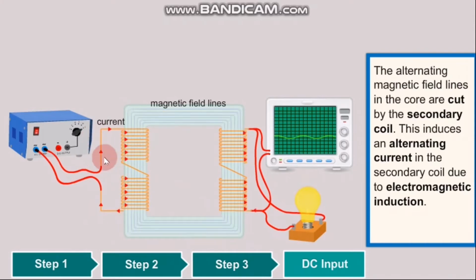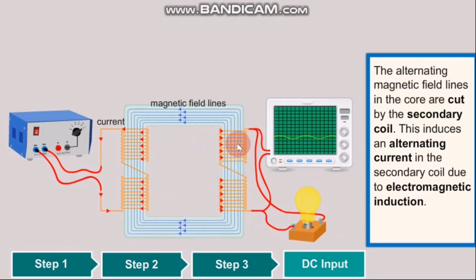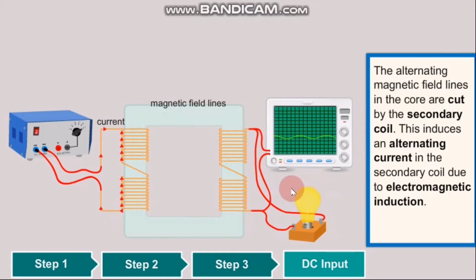The changes of the current will cause changes in the magnetic field line, and the changes of the magnetic field line on this side will cause the secondary coil to cut this magnetic field line. Hence, an induced voltage or induced current flows in the secondary coil, which lights up the bulb.